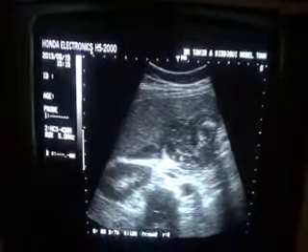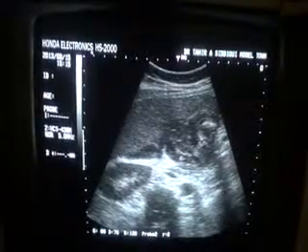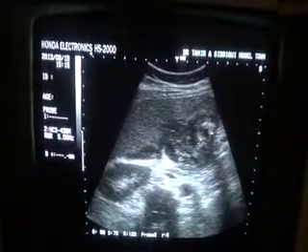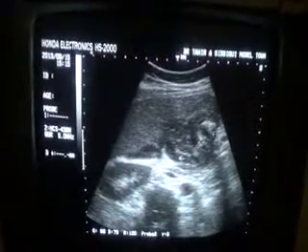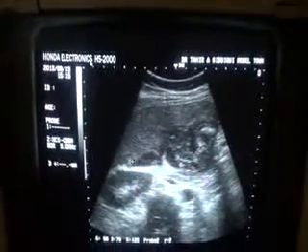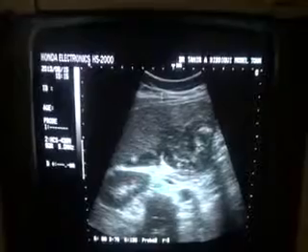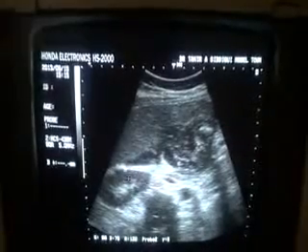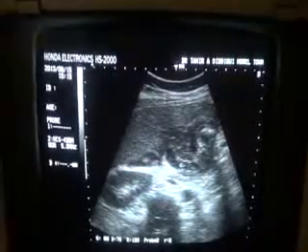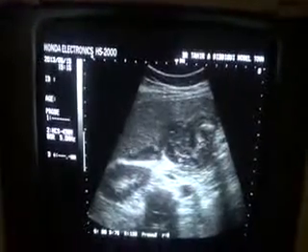Now in this view we can see the transverse of the kidney. Here we see the gallbladder. This is the gallbladder. This is the calculus giving shadow, and this is the collection. Here you see the collection can be seen extending in the hepatorenal angle. This is the kidney. This is the liver. This is the hepatorenal angle, and we see fluid in the hepatorenal angle as well.